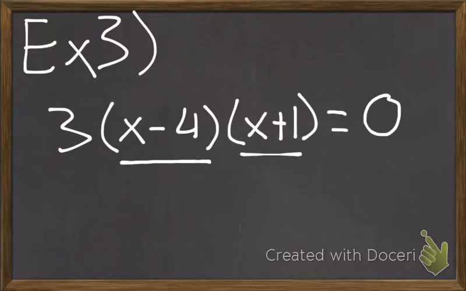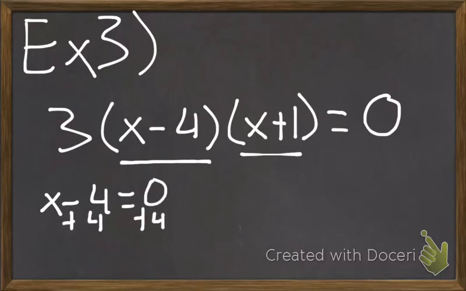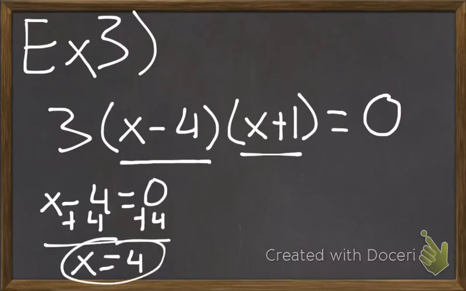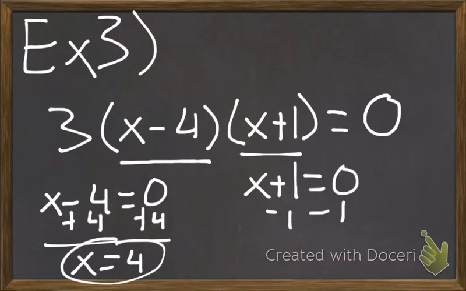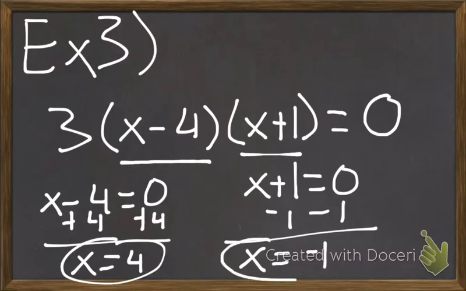So you pretty much ignore the number. We still set our factors equal to 0, and we get 4. That's one answer. And we set the other guy equal to 0, and we still get -1. Alright? Let's do some more.